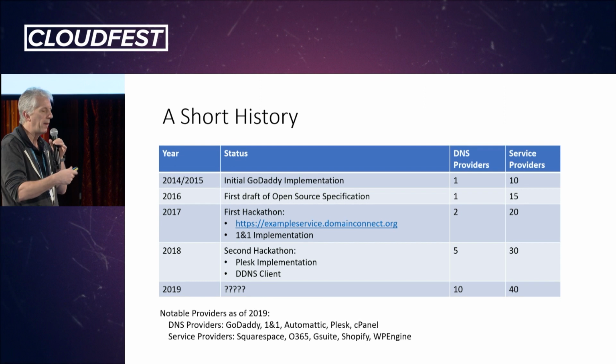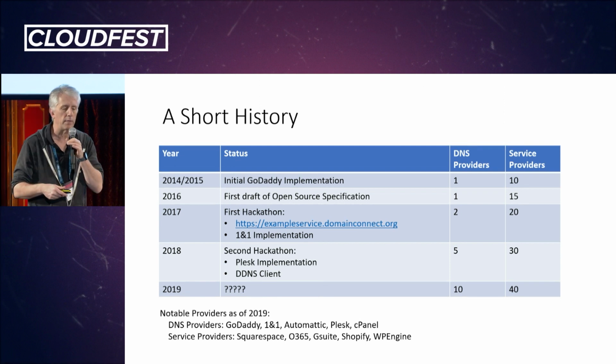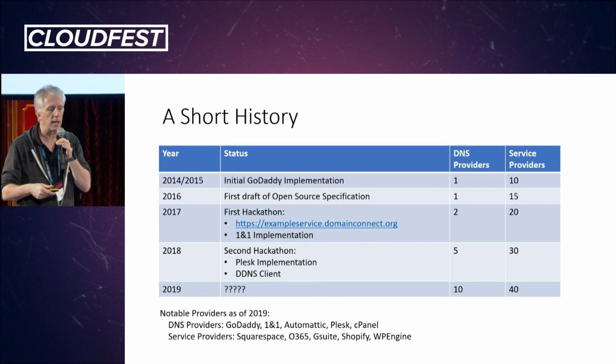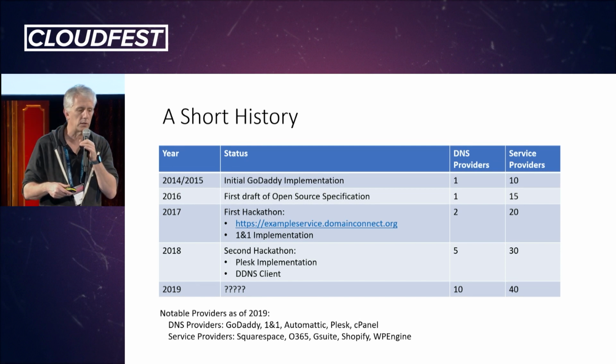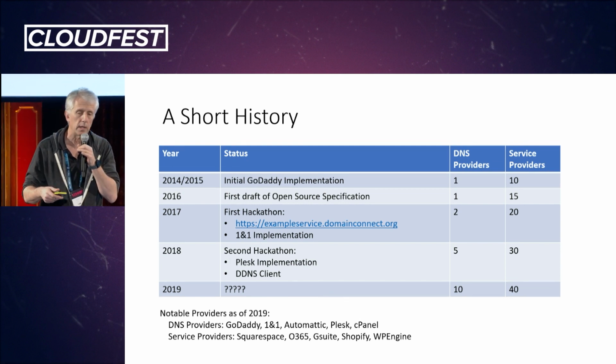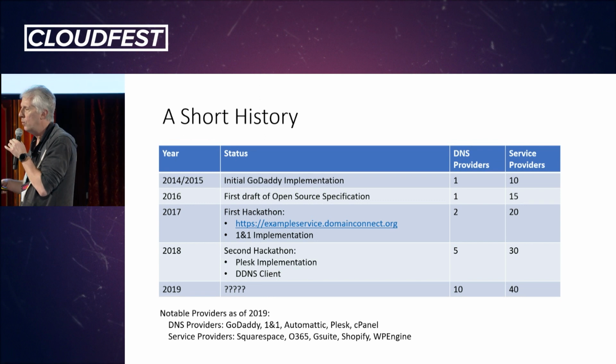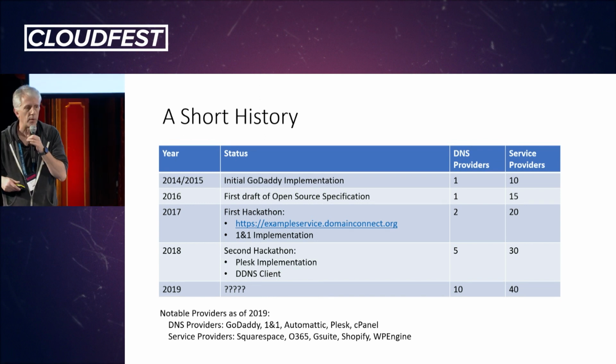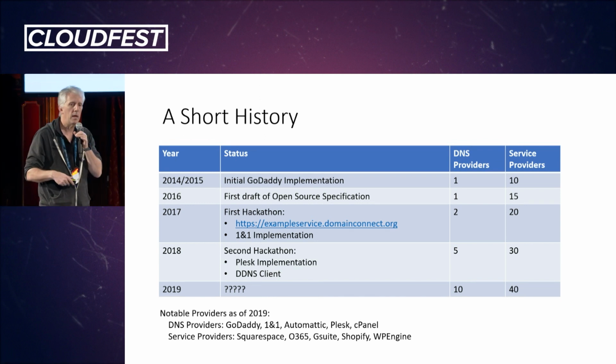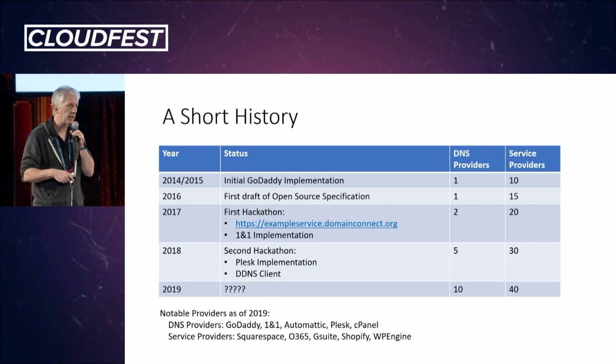So we showed up at the hackathon here at CloudFest in 2016 and 2017, and started working with the folks from 1&1 and United Domains and helped them add support for Domain Connect to their service.